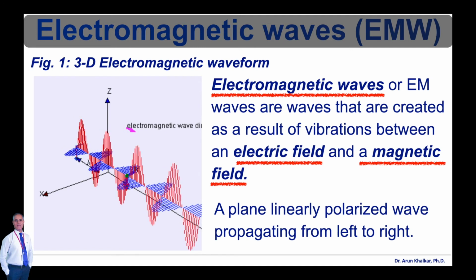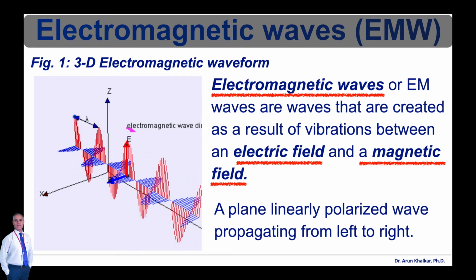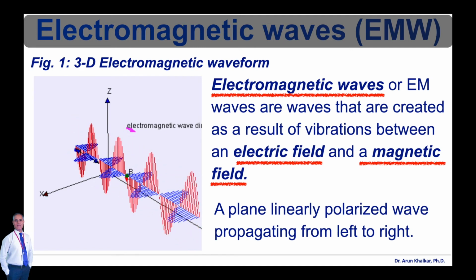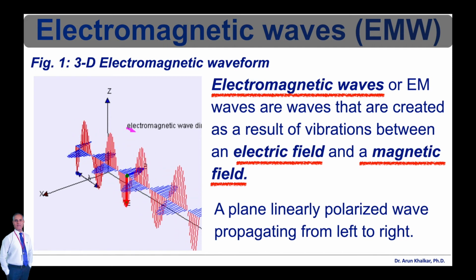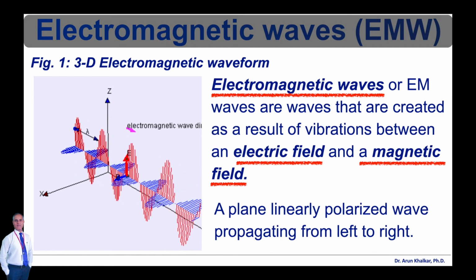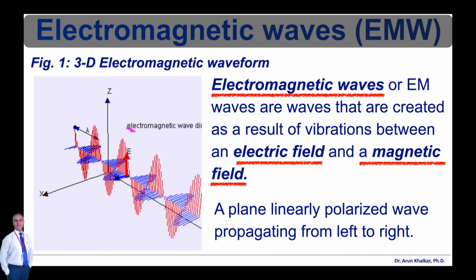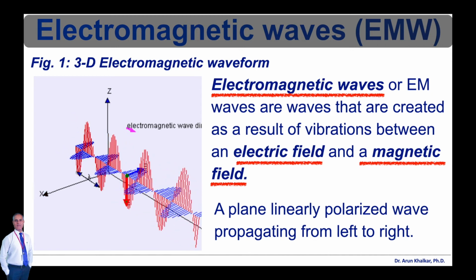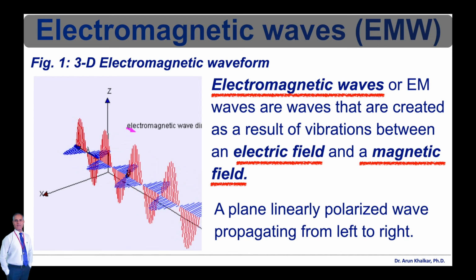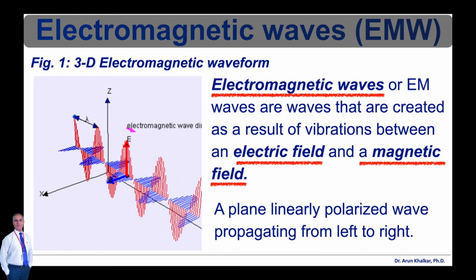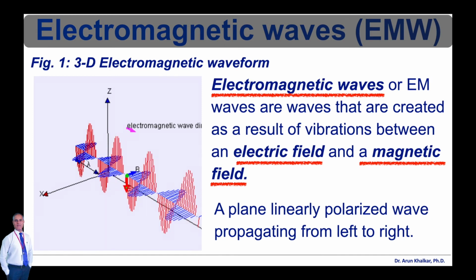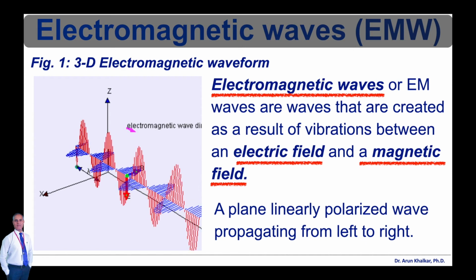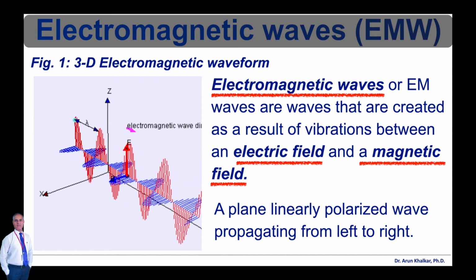Electromagnetic waves can be imagined as a self-propagating transverse oscillating wave of electric and magnetic fields. This three-dimensional animation shows a plane linearly polarized wave propagating from left to right. The electric and magnetic fields in such a wave are in phase with each other, reaching minima and maxima together.